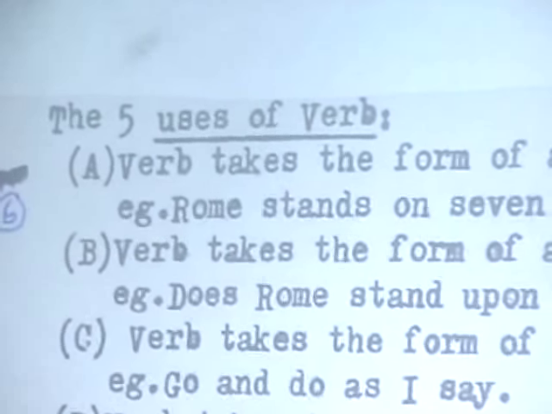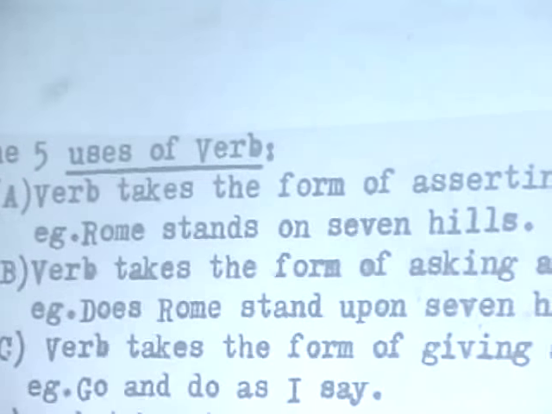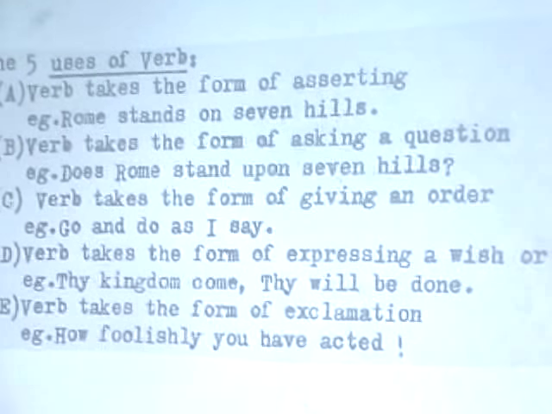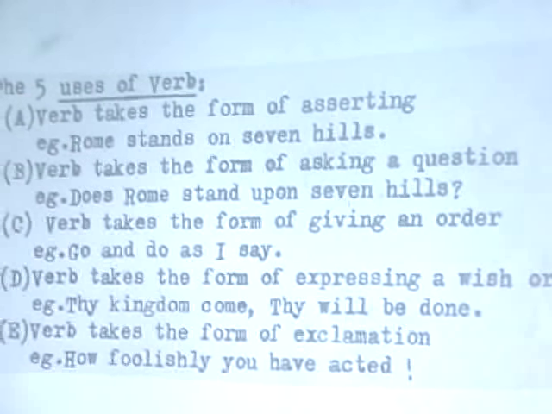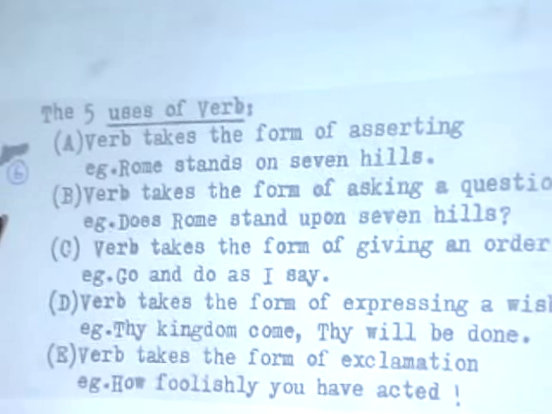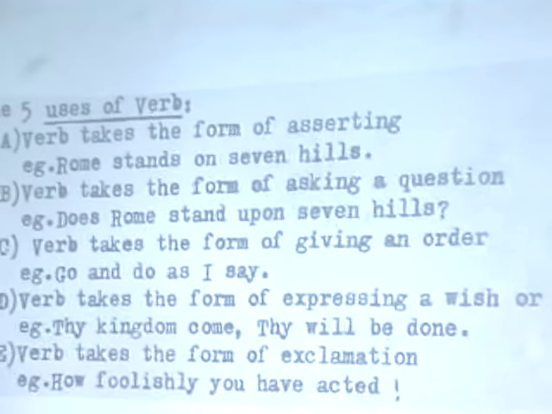There are 5 uses of verb. First, verb takes the form of a statement, as in Rome stands on seven hills. Secondly, verb takes the form of asking a question, as in does Rome stand upon seven hills?